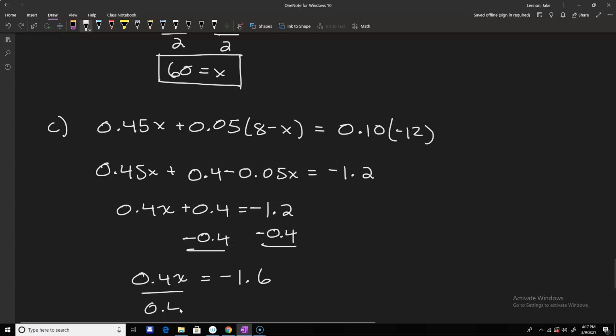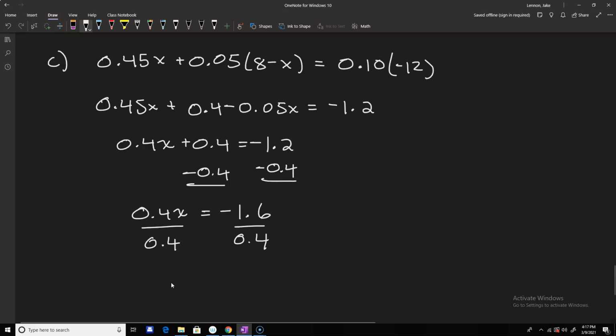And then we're just dividing by 0.4. So that comes out, yeah, it's just 4. -4 rather. X equals -4.